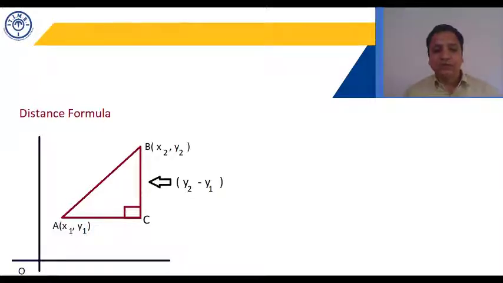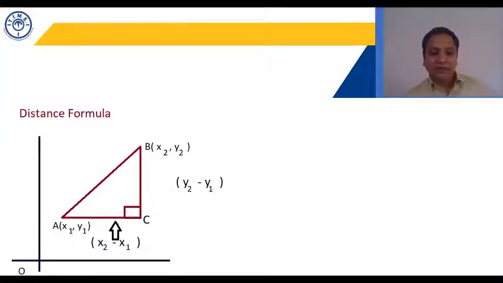So can we say this vertical distance, that is BC, is actually y2 minus y1, because y coordinate for C is same as y coordinate of A. It's a horizontal line parallel to x-axis. We can safely say BC is equal to y2 minus y1.